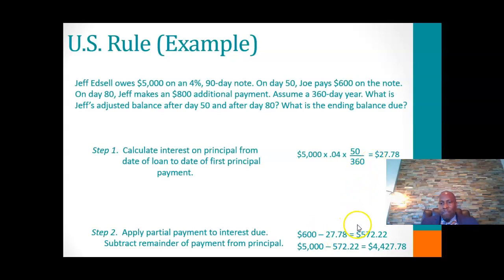The remaining $572.22 reduces his principal balance. So at this time, his remaining principal balance is $4,427.78.